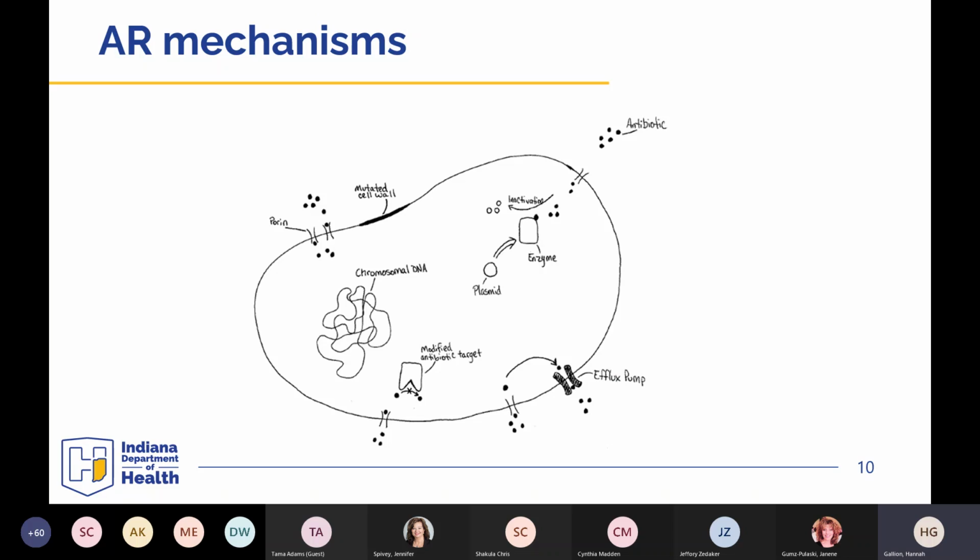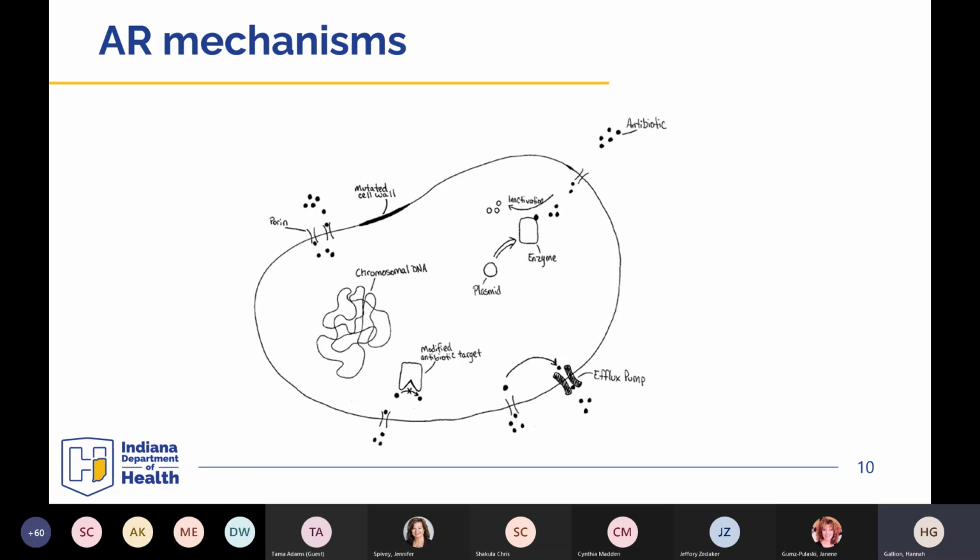A second mechanism is porin mutations, which I talked a little bit about before. Porins are found in the cell wall and are used to help transport solutes in and out of the cell membrane. Mutations in porin size can cause the concentration of antibiotics needed, or the dose needed, to increase in order for the antibiotic to be effective.